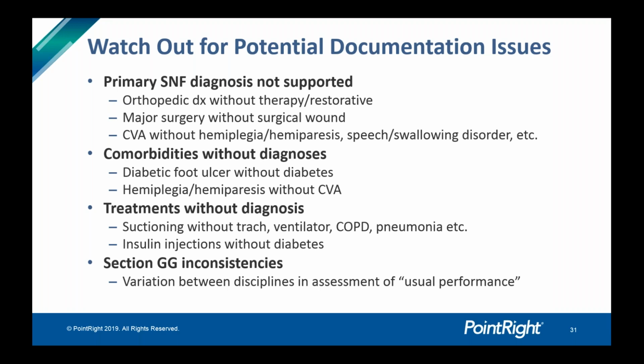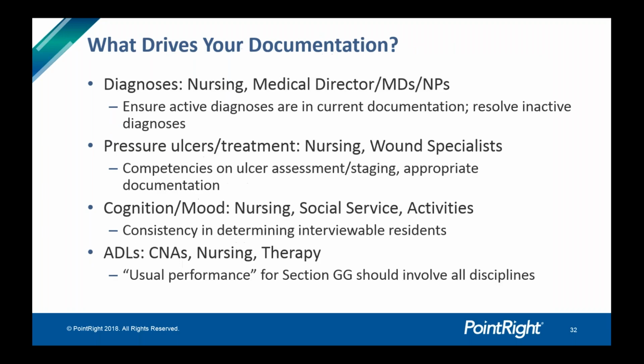And inconsistencies in Section GG. Facilities still struggle with Section GG, but remember, we are looking for usual performance for that resident for the entire 3-day look-back period, not just what was in the therapy room, not just what was with the CNAs, not just what was with the family when they were being good, the usual performance over 3 days. So you want to make sure that there are no glaring inconsistencies in capturing that usual performance.